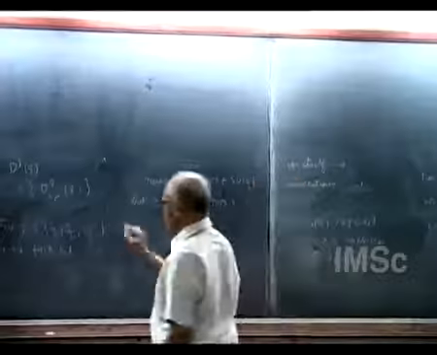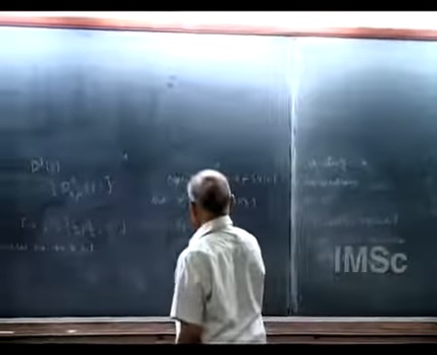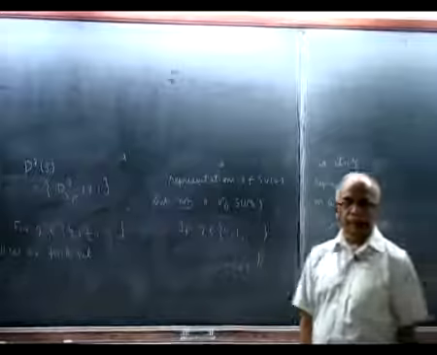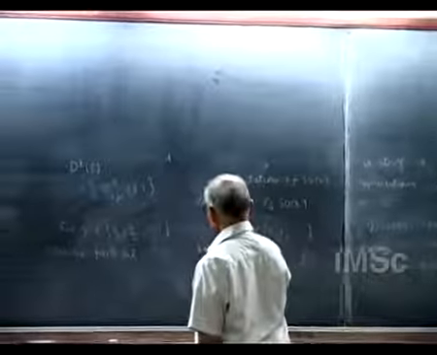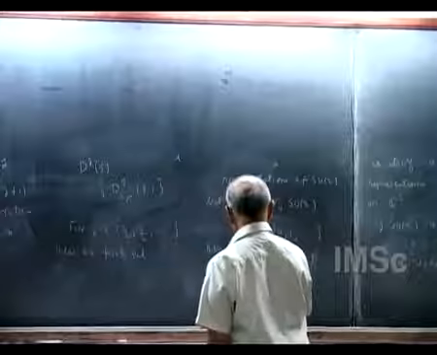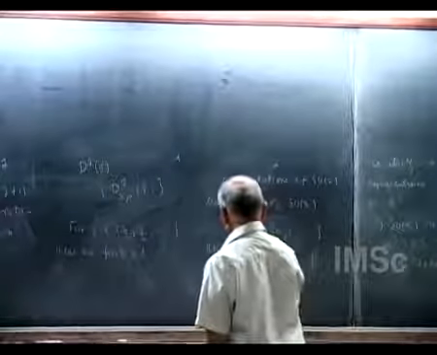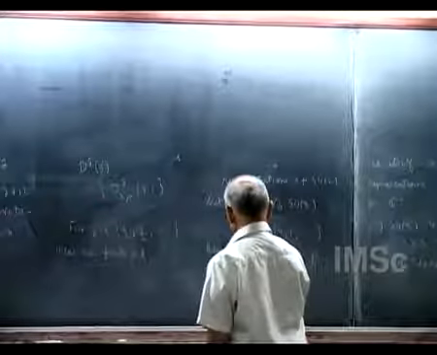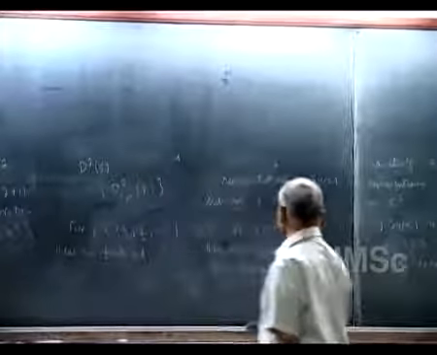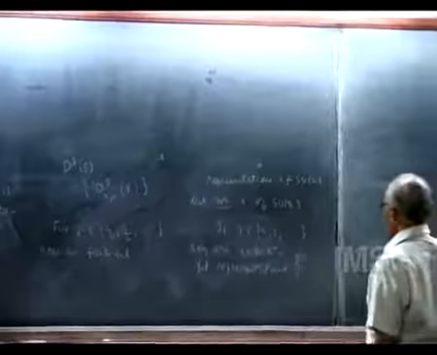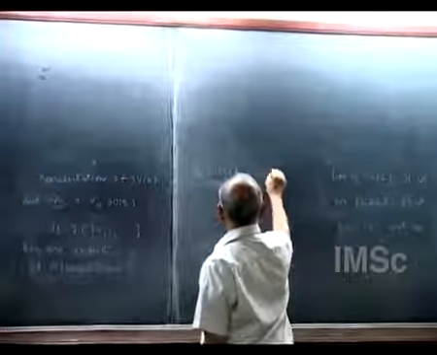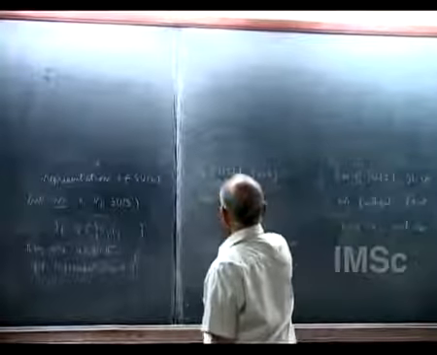But if j is integral, that is j belongs to 0, 1, etc., they are unfaithful representations of SU2 and faithful ones of SO3.